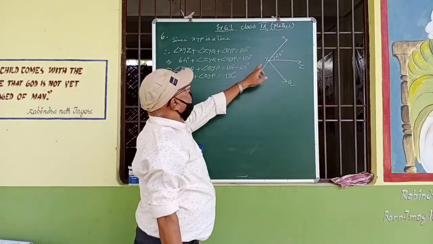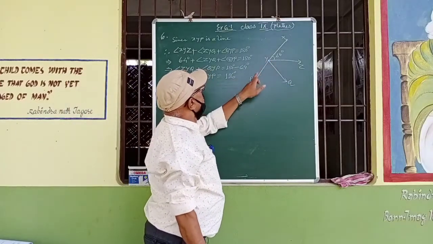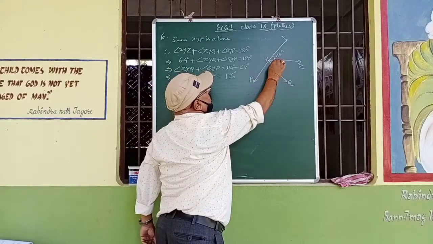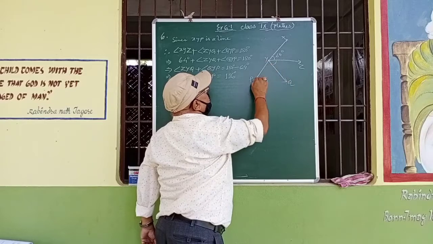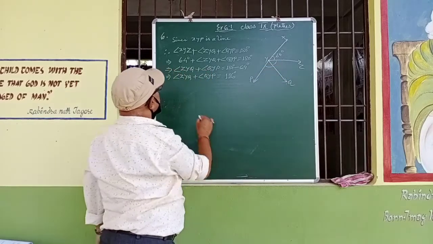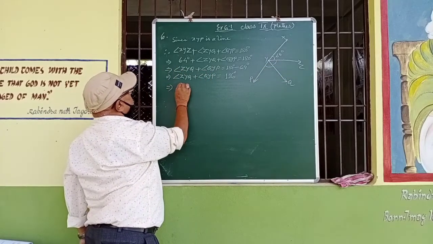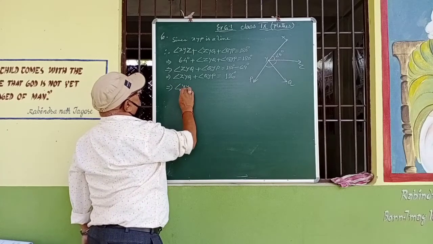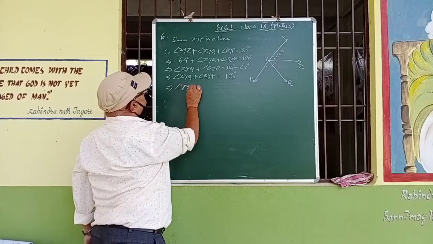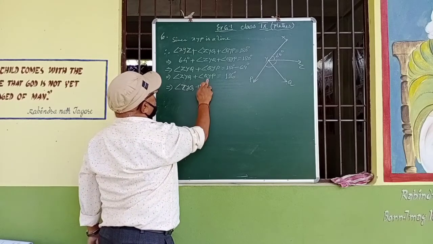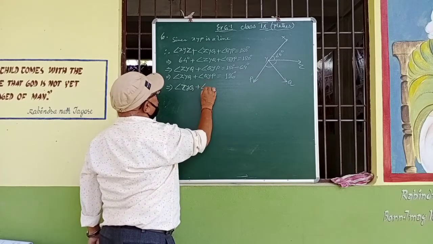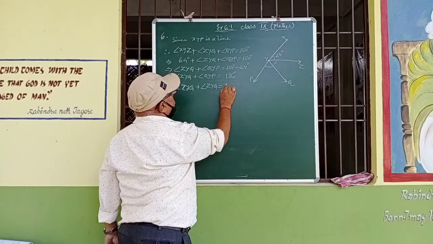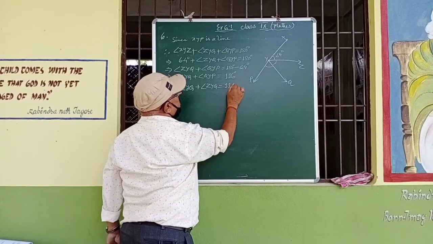Since YQ bisects ZYP, therefore ZYQ this angle and QYP this angle are equal. So in place of QYP we can write ZYQ, and this is equal to 116 degree.